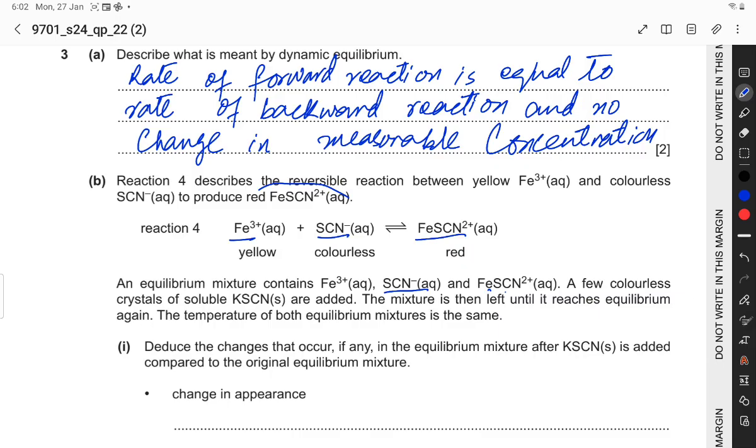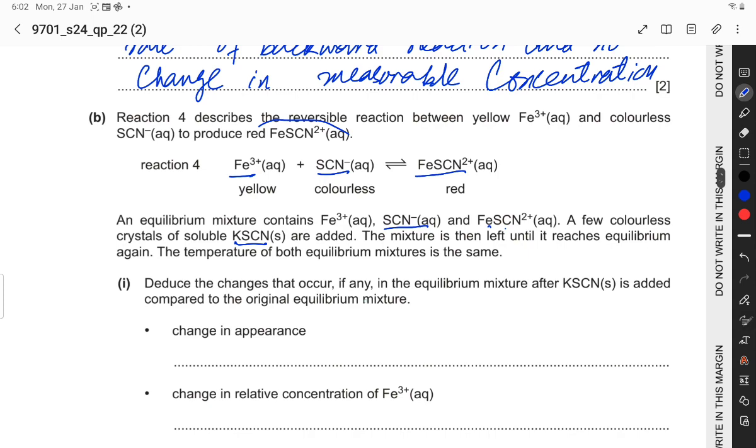A few colorless crystals of the soluble compound KSCN are added. The mixture is then left until it reaches equilibrium. The temperature of both equilibrium mixtures is the same. State the change in color, if any, in the equilibrium mixture after KSCN is added compared to the original equilibrium mixture.